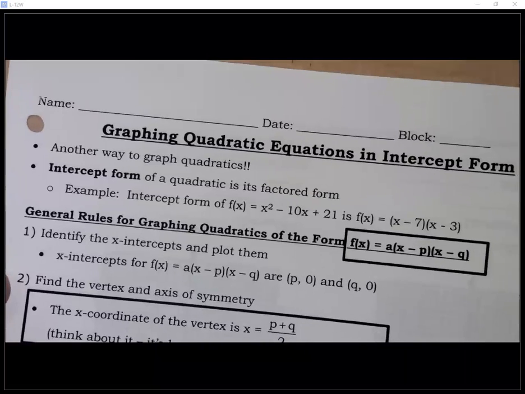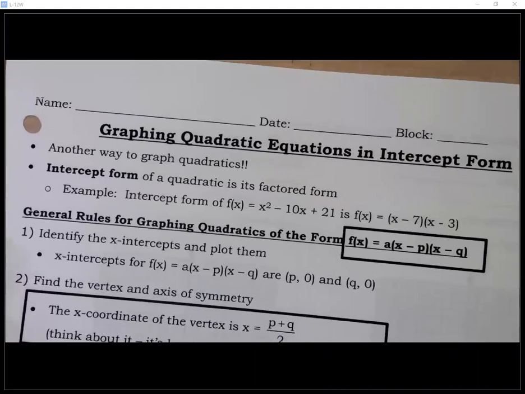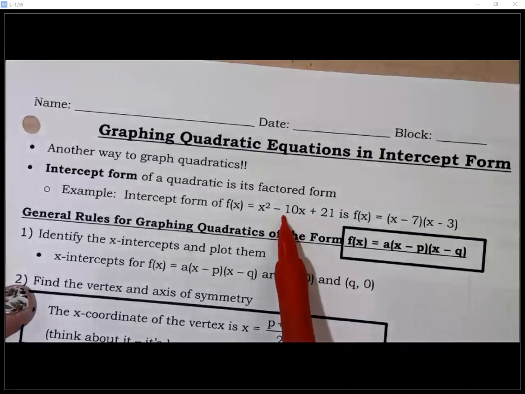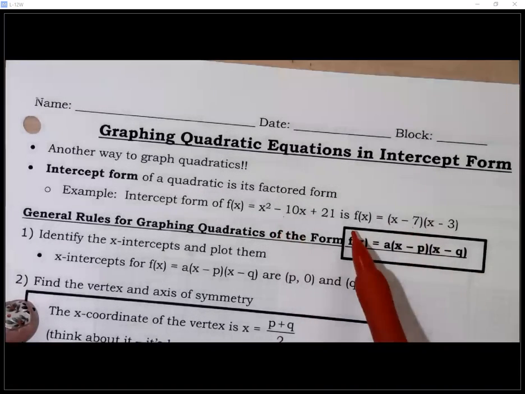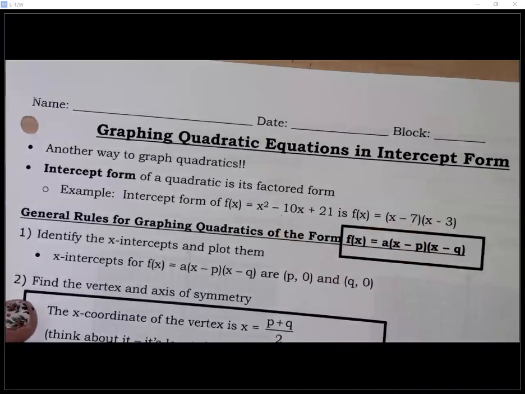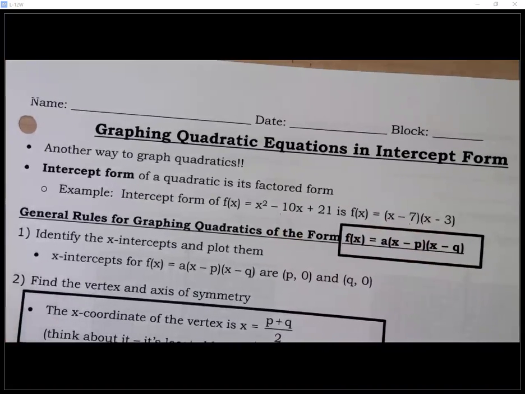Intercept form is great because it's basically just factored form. So it's very easy to convert from standard to intercept form. You just factor. And what is so nice about factored form is that although you don't just get the vertex for free like you do in vertex form, you get the x-intercepts for free. That's so nice.